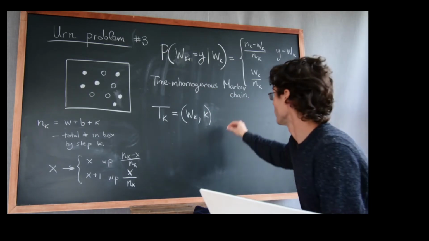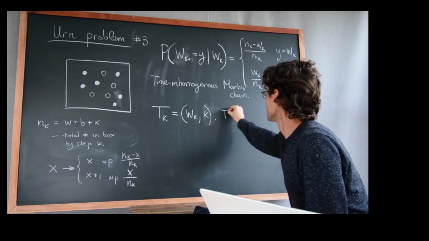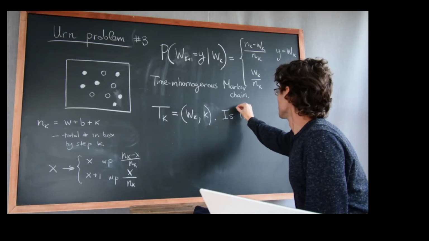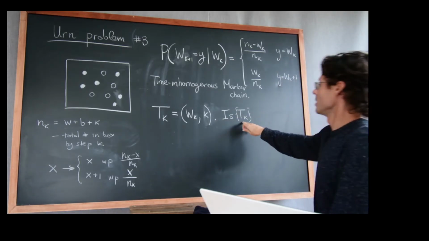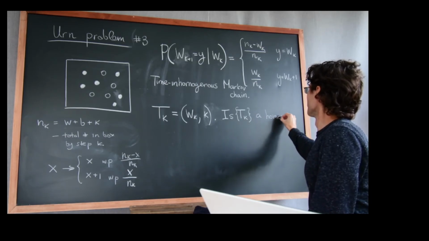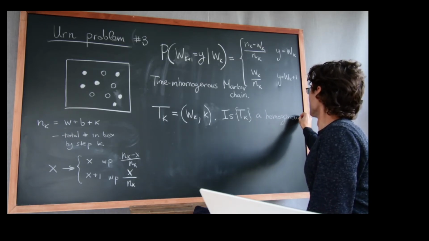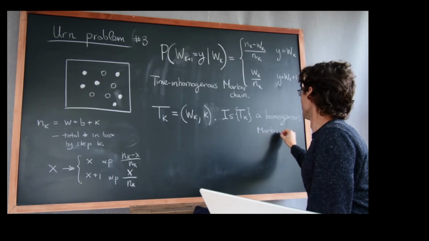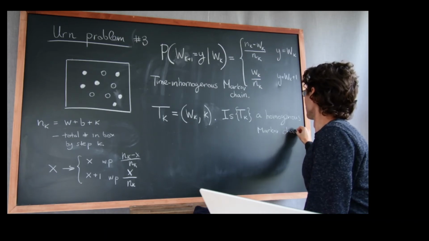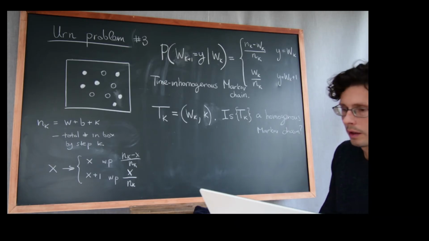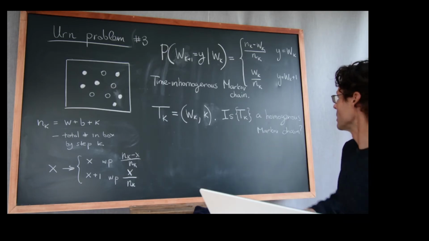So the quiz question is, is T_K, which is a process, a bunch of these random variables, a homogeneous Markov chain? Think that through, and try to put together a little justification or a proof. I'll tell you that the answer is actually yes.